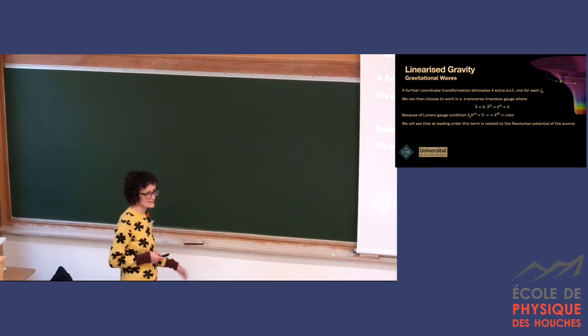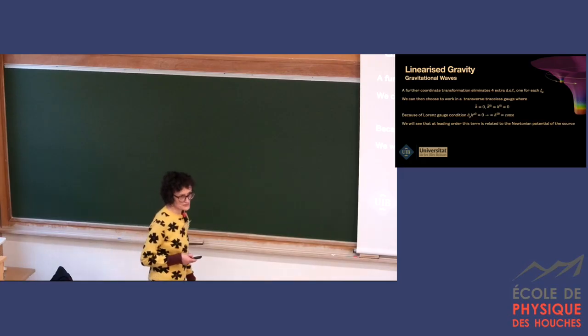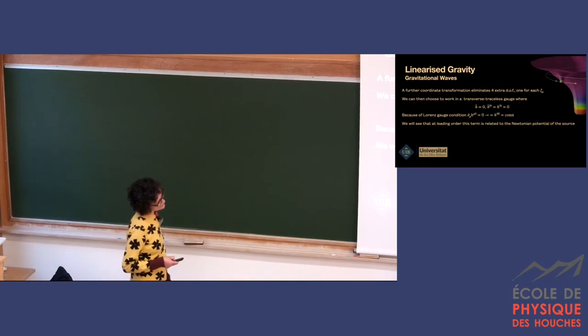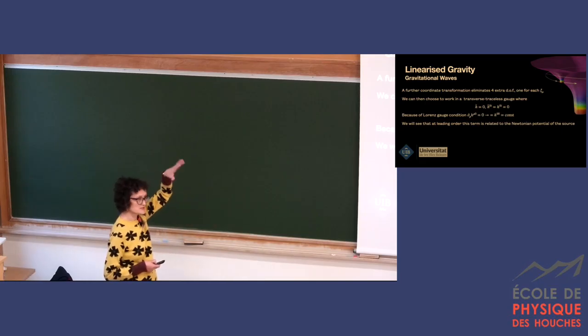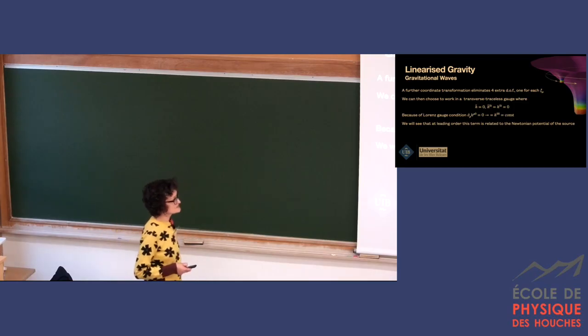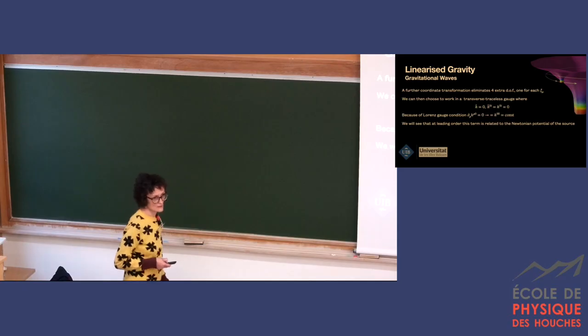So it's not related to radiative degrees of freedom. And later on we will see that, at leading order, because you can expand this metric perturbation in many orders, this term is related to the Newtonian potential of the source. So it's a static term.